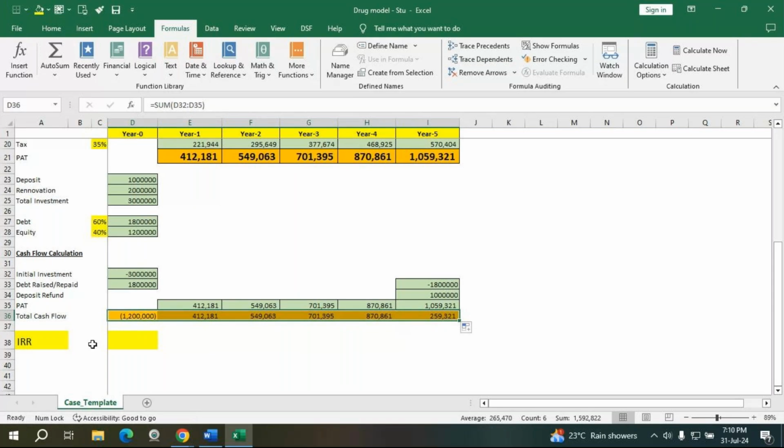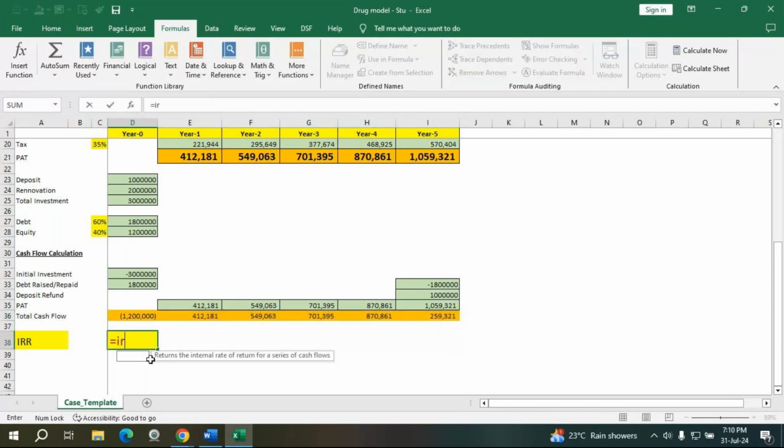So now IRR would be equals IRR, open the bracket and select the values. So it will be 36%. I'll show the formula.